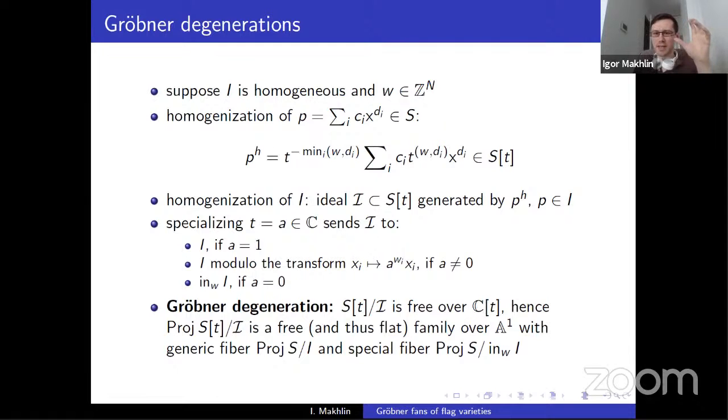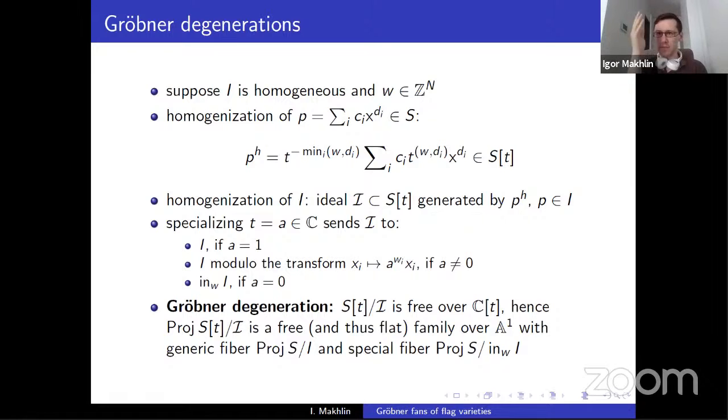If we specialize t to a non-zero number, we will have a ring isomorphic to the quotient modulo I, and if we specialize t to 0, then we'll have a ring isomorphic to the quotient modulo the initial ideal. And this means that you can view this, and it is also free and hence flat over the polynomials in t.